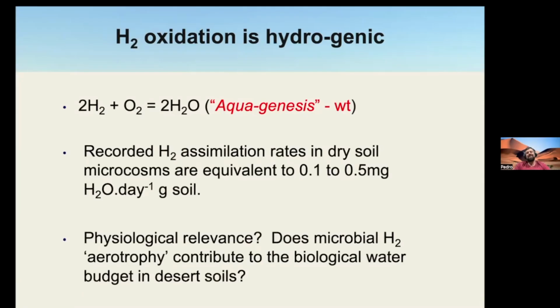And what this actually means, or the question this poses, is whether microorganisms can then be using this water that they're potentially generating to subsist or to support other metabolic functions that we do see being expressed in these systems, even under desiccation conditions.